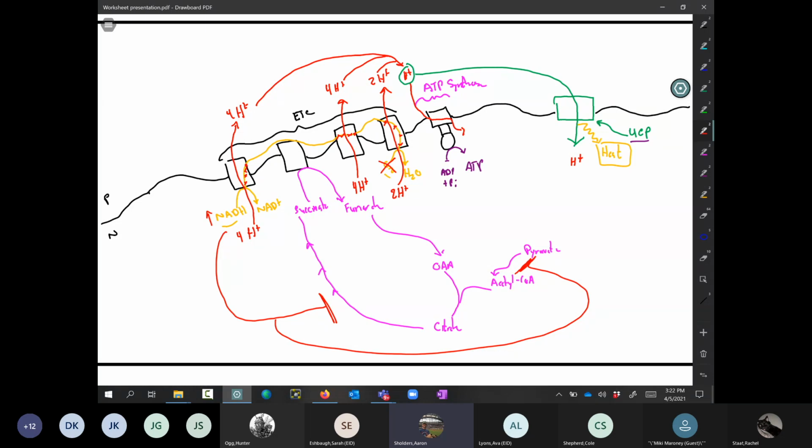That's an important feedback that we've talked about quite a bit, because it really shows the connections between oxidative phosphorylation, the citric acid cycle, and finally glycolysis metabolism in the cytosol. So you'll definitely want to understand that.